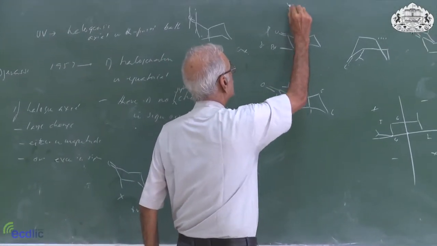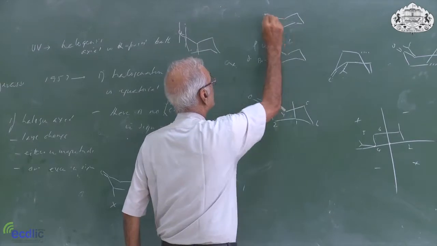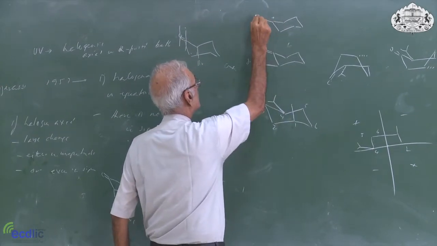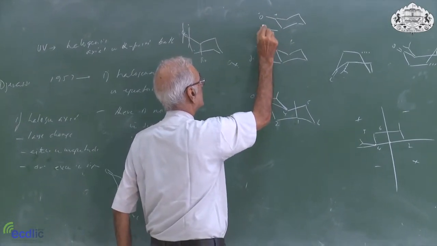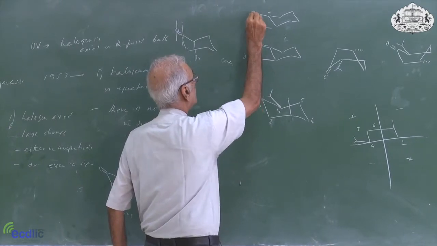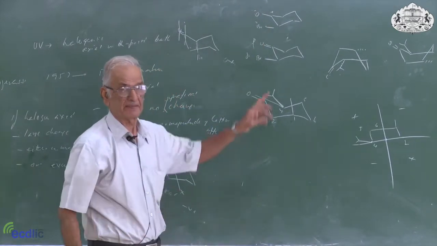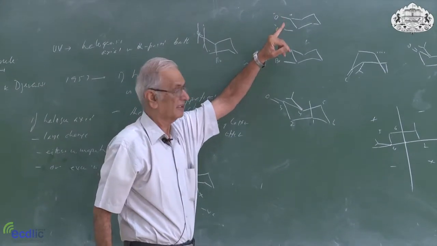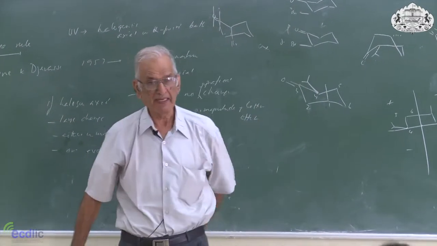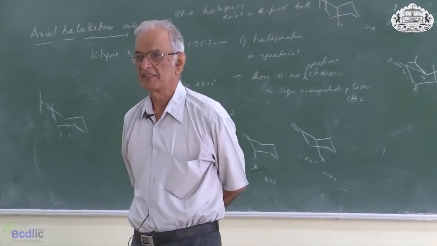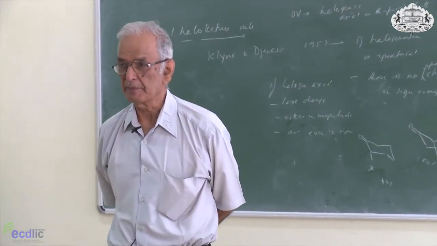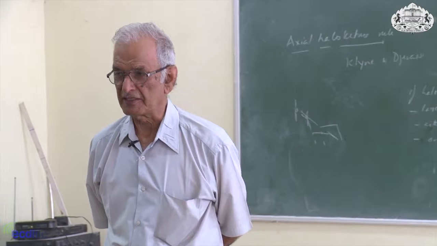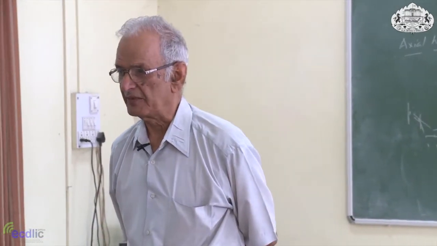When I polarize this, there is repulsion between this. Therefore, very small contribution by this structure, more contribution by the double bonded structure. More double bonded structure means larger force constant, means higher frequency.